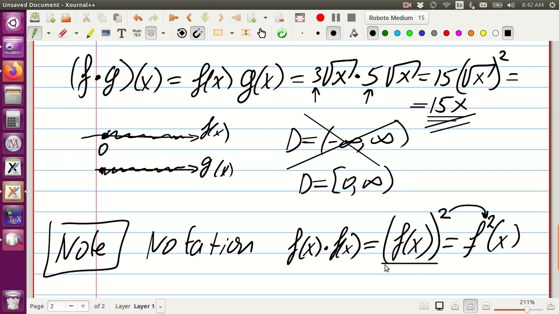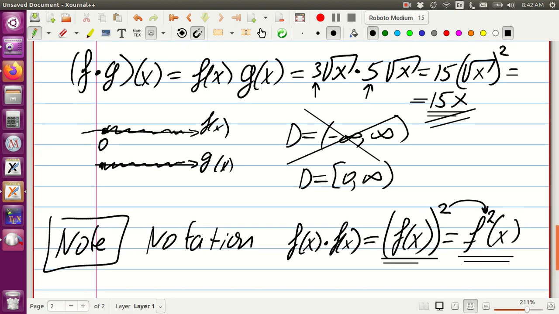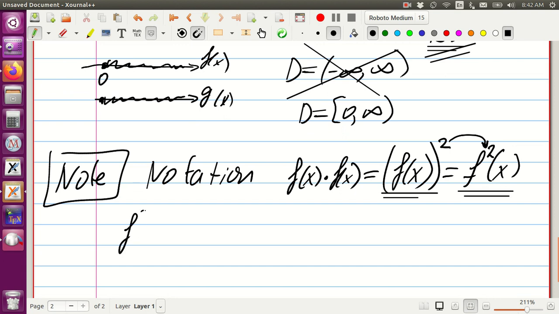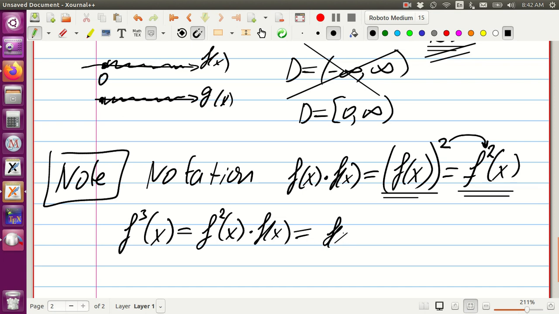So it should be written like this, but most of the time it is written like that. Another thing that we have to discuss, what is f cubed of x? f cubed of x is basically f squared of x times f of x, which means f of x times f of x times f of x. So again, don't get confused by this cube.